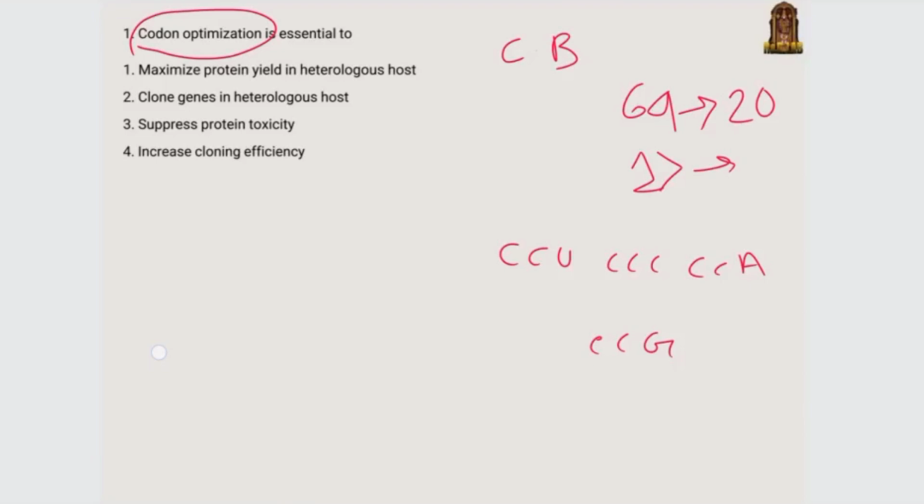Like for the human genome, if there is an mRNA, in most cases when there is a need to synthesize proline as the amino acid, you will get CCA.